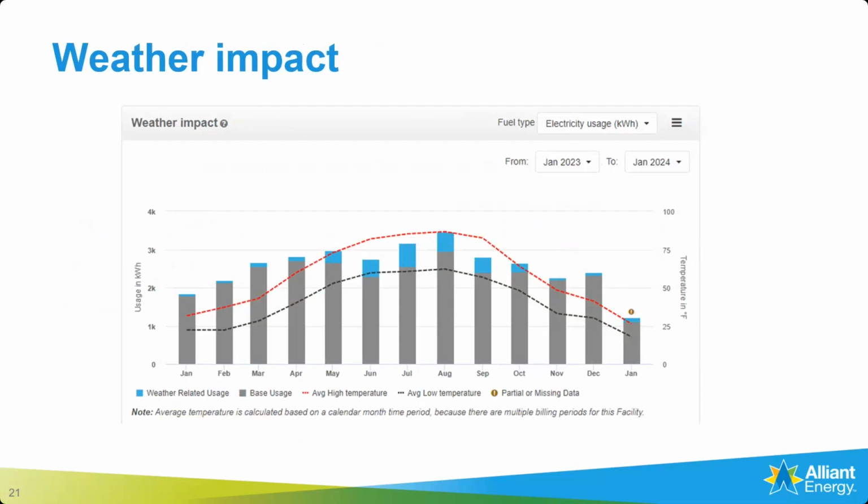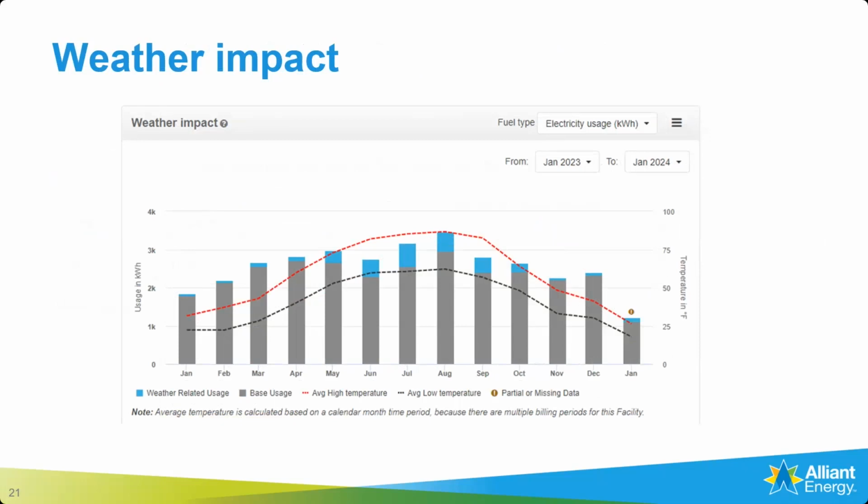And really what you want to look out for here is your building's sensitivity to the weather, and wide variations in this chart would potentially indicate that there may be something unaligned with one of your systems.